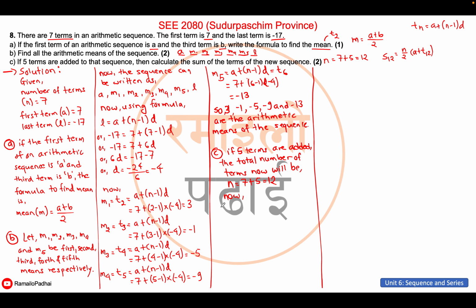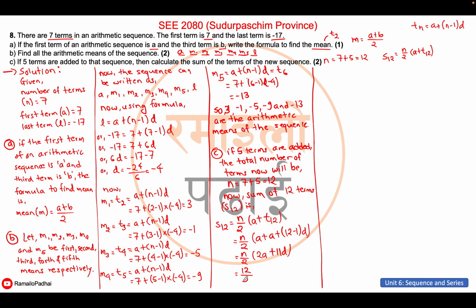Now the sum of 12 terms, that is S12 is equals to n upon 2 A plus T12 is equals to n upon 2 A plus A plus 12 minus 1 d is equals to n upon 2 2A plus 11 d.